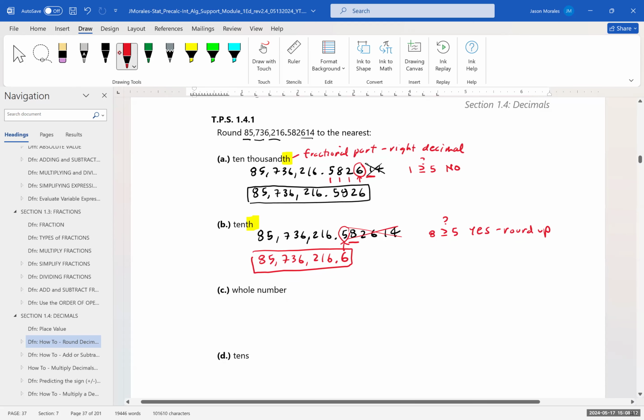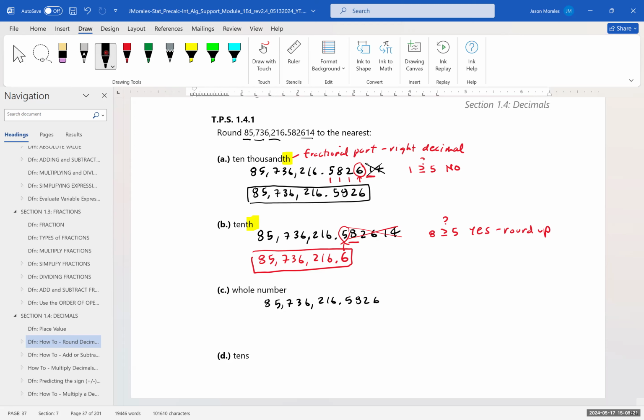Okay, now we're going to round this number to a whole number. And remember, whole number is just another way of saying we're going to round to the ones place, which is the first decimal place to the left of the decimal point. So we're going to underline the digit to the right of it and ask, is 5 greater than or equal to 5?